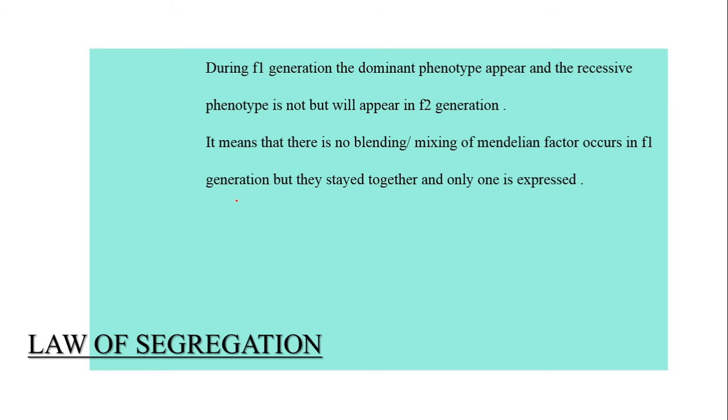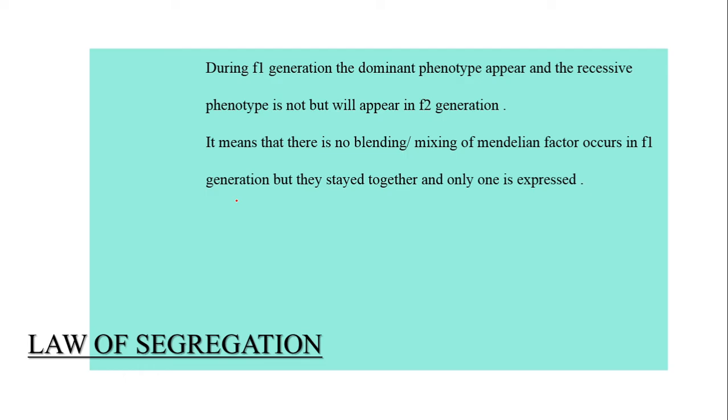It means that there is no blending or mixing of Mendelian factors in F1 generation, but they stay together and only one is expressed. Means at the time of formation of gamete, these two factors obviously separate or segregate. Otherwise, recessive type will not appear in F2 generation. And so the gametes which are formed will always be pure for a particular character. So we can say it law of purity of gamete.